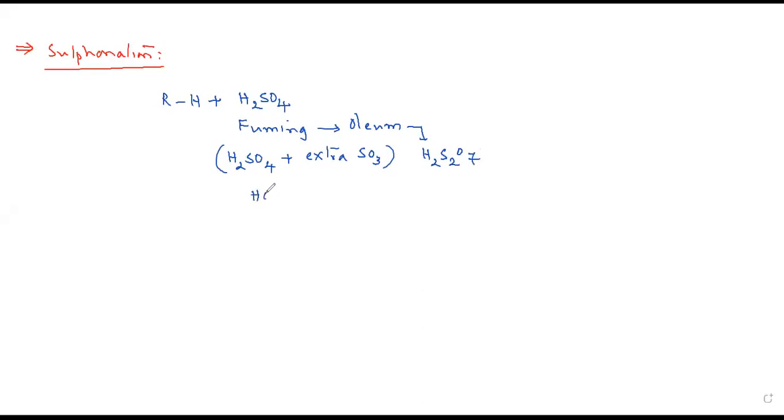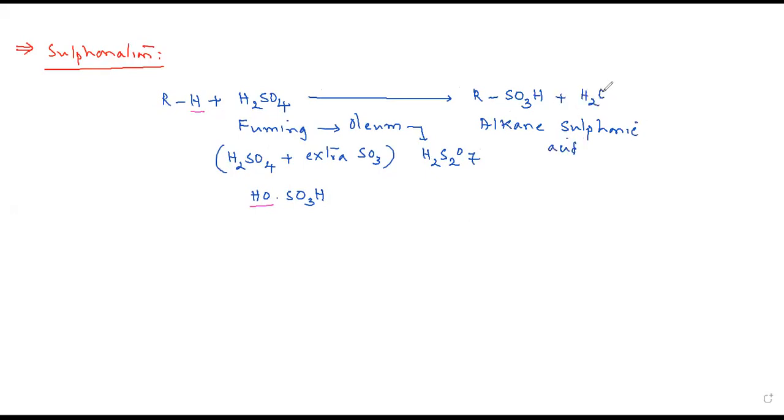Now, for convenience, let us write sulfuric acid in this way. You can do this and you get alkane sulfonic acid. Okay. Along with that, we get water.